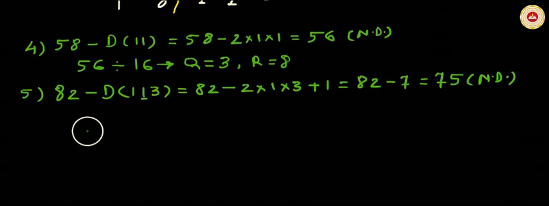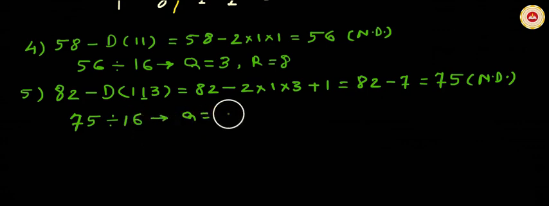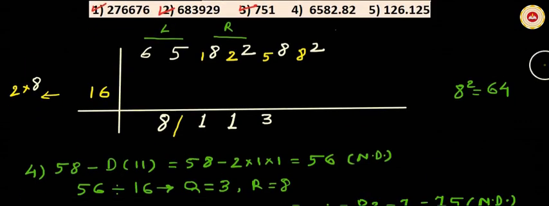So now divide this 75 by divisor 16, which gives us quotient 16 fours are 64, and remainder is 75 minus 64 is 11. Correct? So write quotient 4 and remainder 11 as a prefix to the next digit.